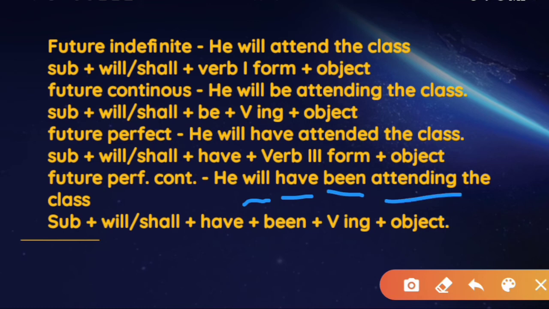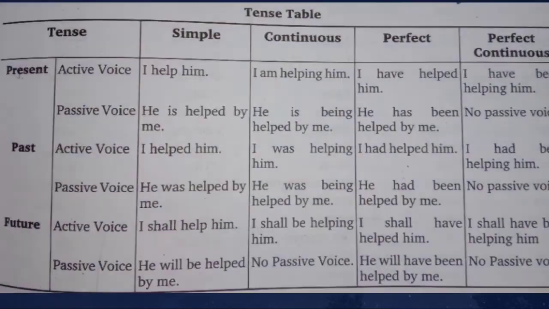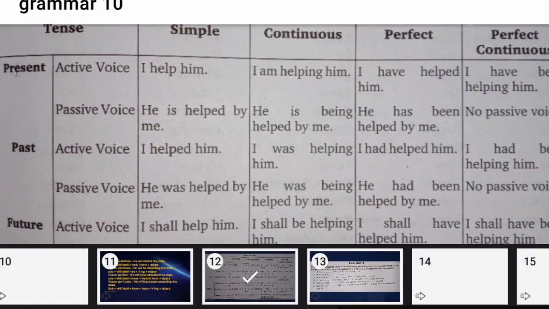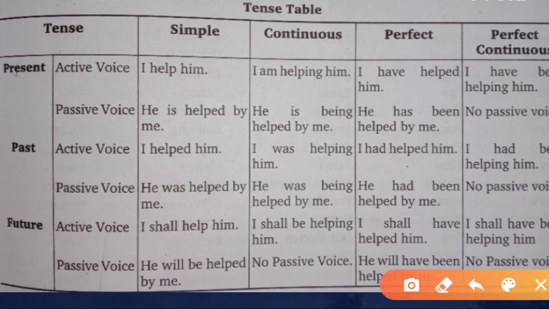So this was the quick review for our tenses: present, past and future. On the basis of this, we have some exercise work, but before that there's a table which will help you understand better. These are the three tenses, present, past and future, and examples are given regarding active and passive. One I'll tell you.